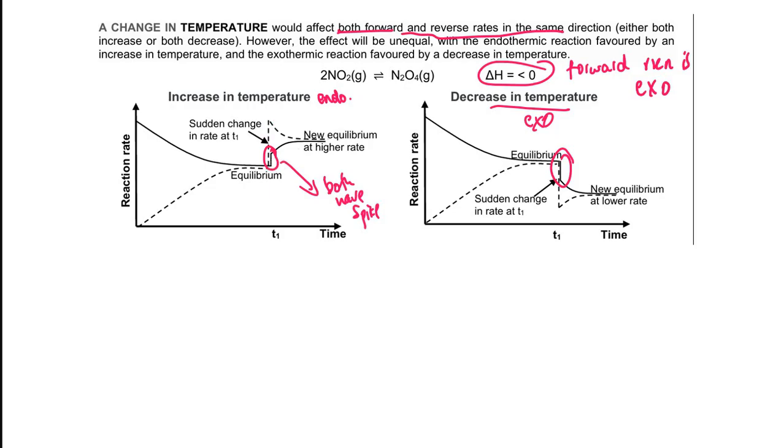But similarly here, I want you to see that the solid line represents the forward. The solid line represents the forward. If it is higher like this compared to the dotted line, which is the reverse, which one is at a higher reaction rate? It's not the reverse, guys. It's the forward.